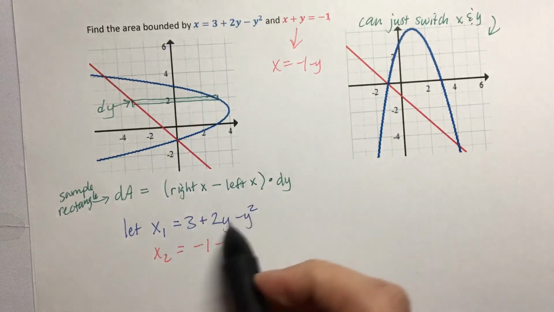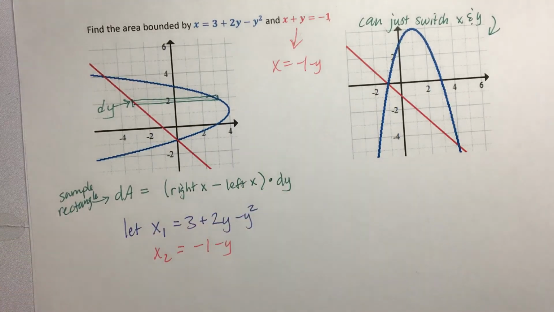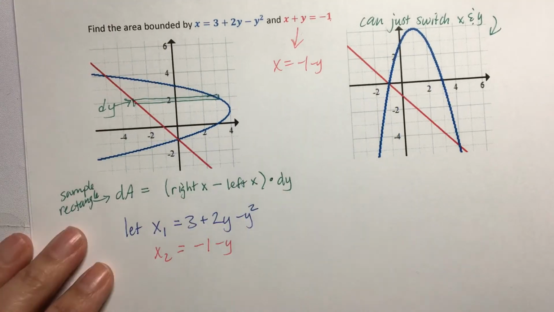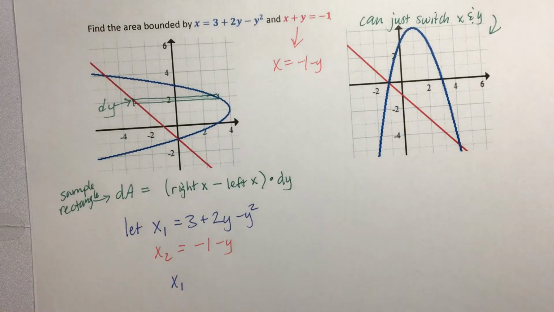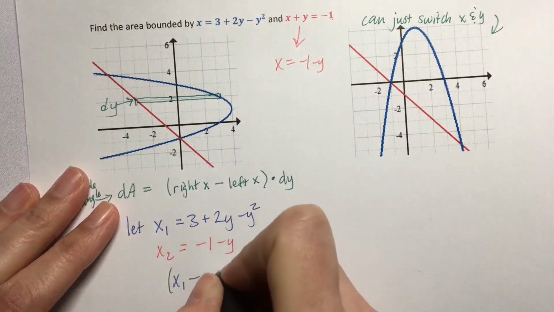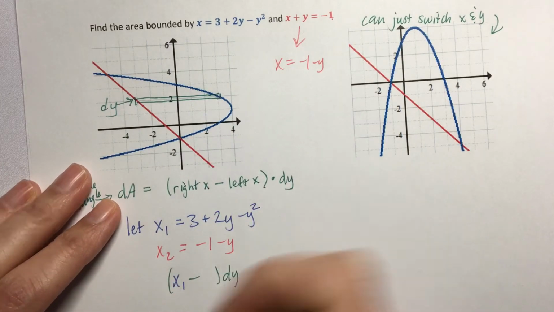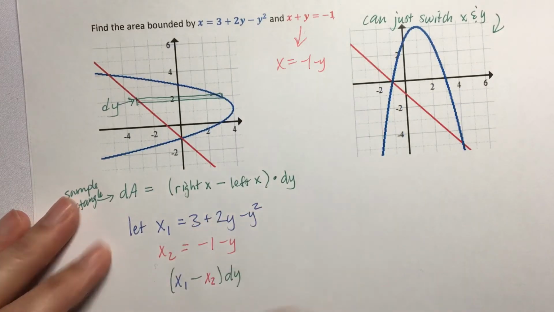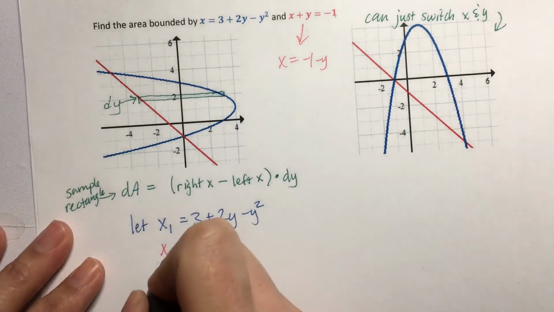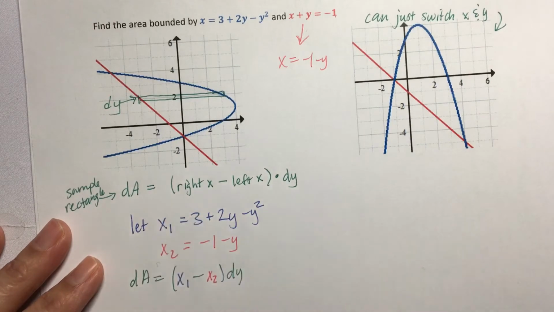So I have the right, which is the blue, minus the left. So I have x1 minus x2. And that is my little strip of area.